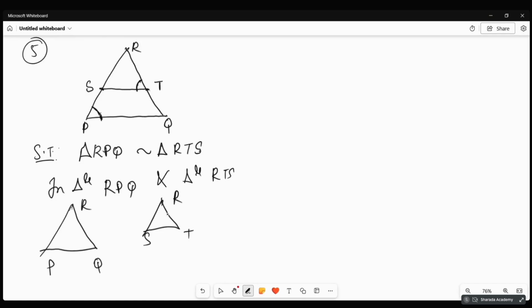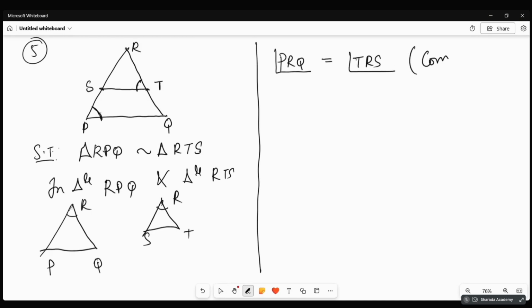These two triangles I have to prove are similar. R is common for both. Correct? So I can write that angle PRQ is equal to angle TRS because this is a common angle.